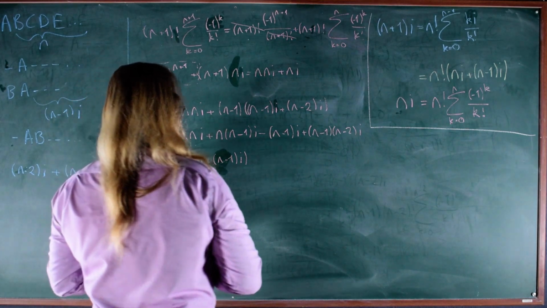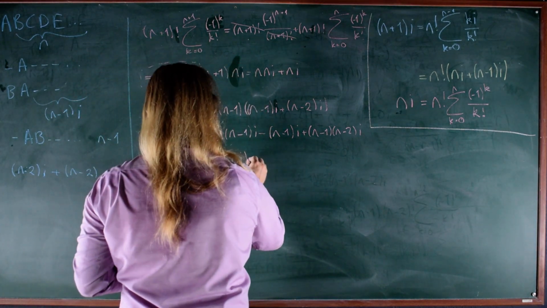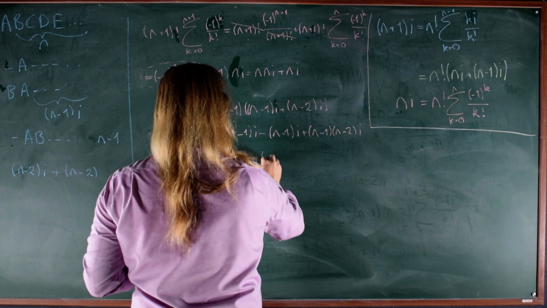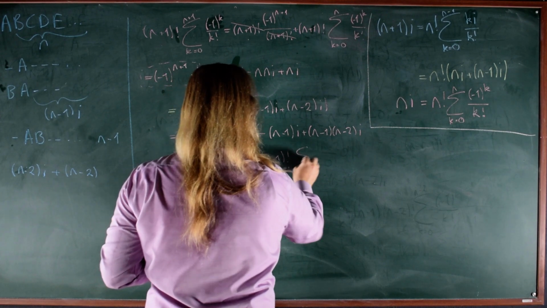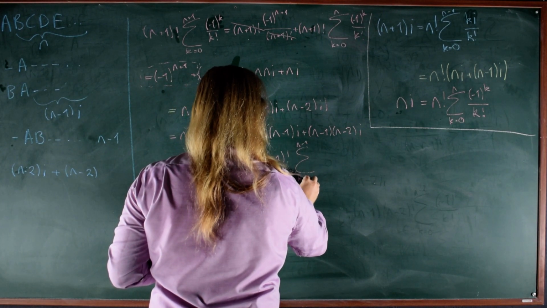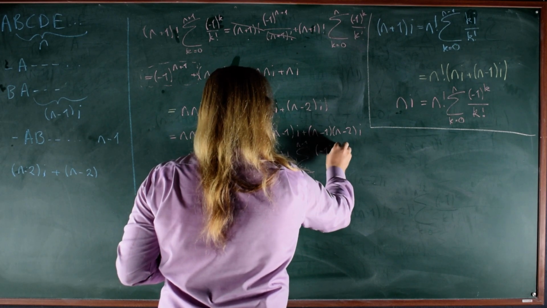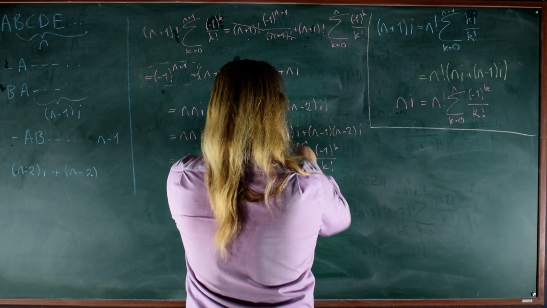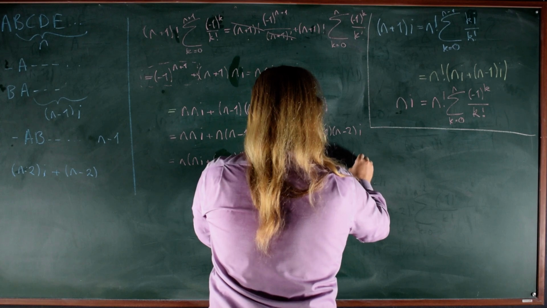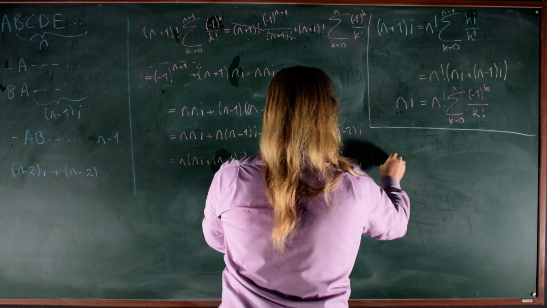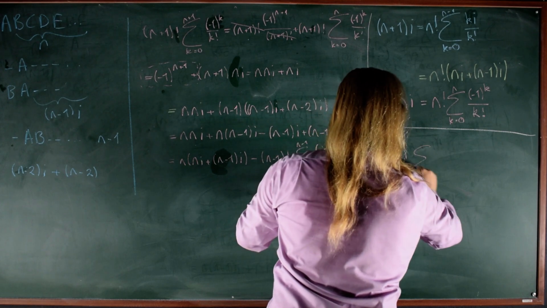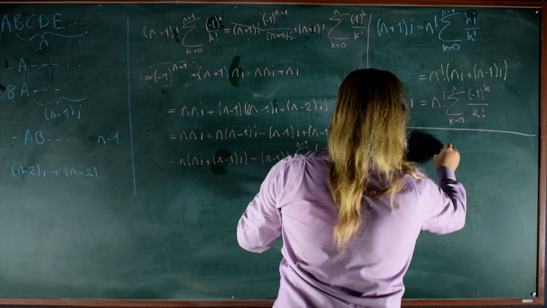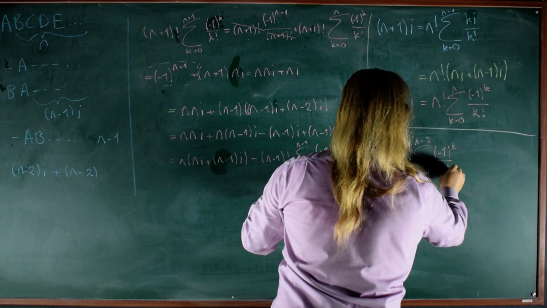All right. Minus this. So this is minus, and then this is n minus 1 factorial times the sum from k equals 0 to n minus 1 of minus 1 to the k over k factorial. This is from this term here, and then I have plus n minus 1 times n minus 2 factorial, times the sum from k equals 0 to n minus 2 of minus 1 to the k over k factorial.